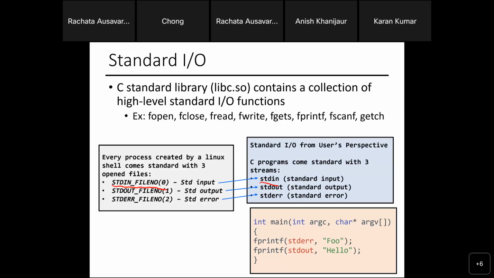File with ID 1, that's your standard output. And file with ID 2 is going to be standard error. Now, if I want to handle those things, I just read and write to the file. But now the file ID is going to be 0, 1, or 2. Right? Think of it as you have fprintf and fscanf, right? Directly on this standard input output.